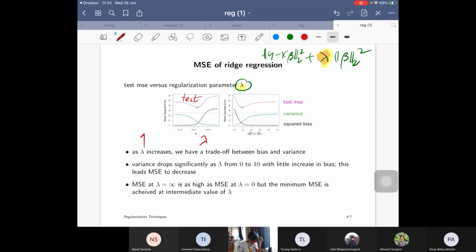As we see before, when lambda increases, the norm of beta is small, right? When beta is small, what do we have in the squared bias? The squared bias is this term.